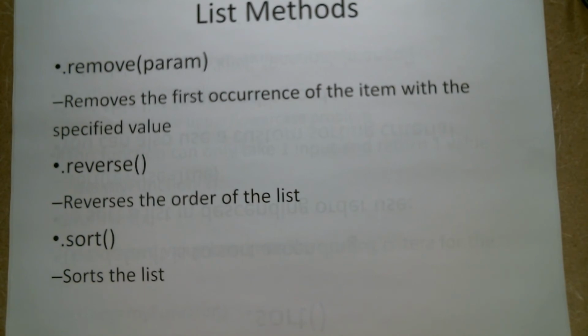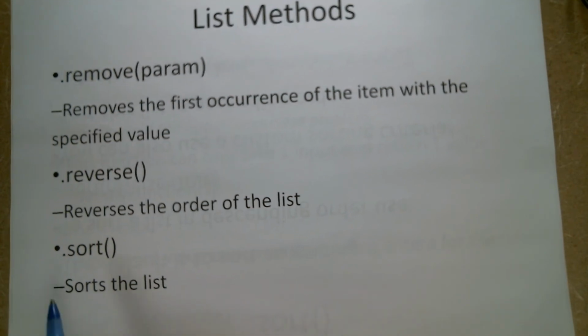And then sort, we already talked about, will sort the list. Now, you don't have to memorize all of these. You don't need to have these drilled into your brain. Sort and append are the good ones for right now. But I just wanted you to be aware that there is a variety of things that are available inside of these lists that exist inside of Python.